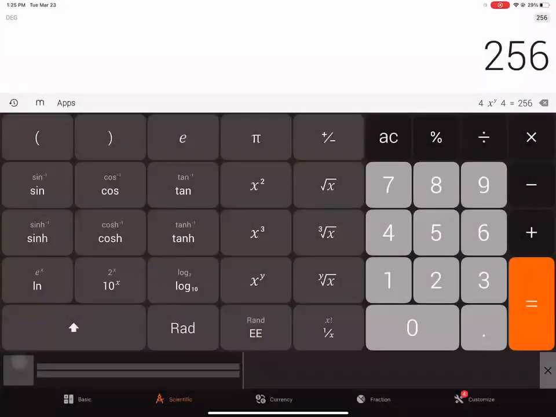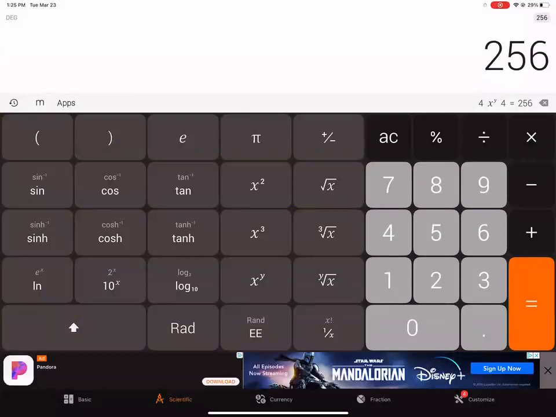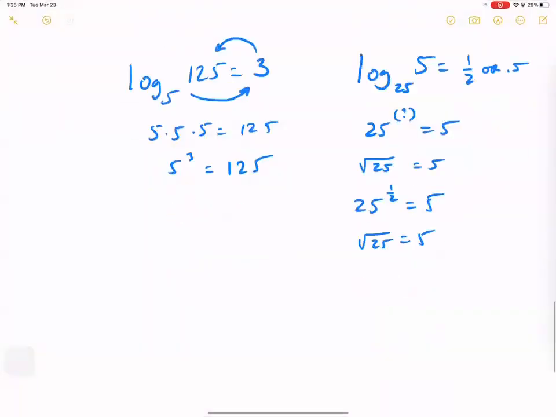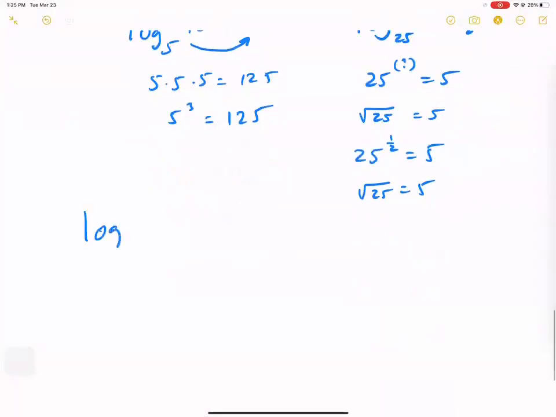And let's see, this is my calculator here. You do see a log here. But the log that they have here has a little 10 there, because this is automatically log base 10. Some of your calculators will actually have a button that looks like log, empty box, empty box.